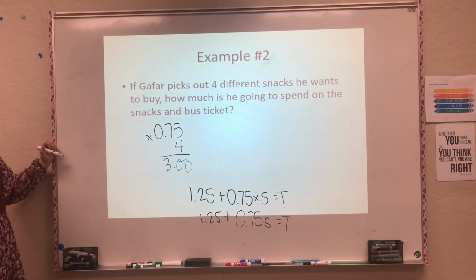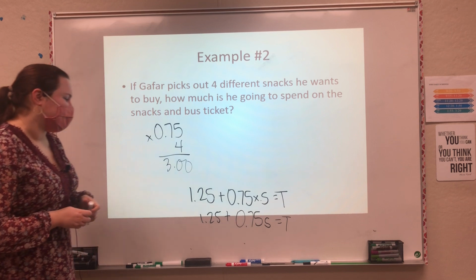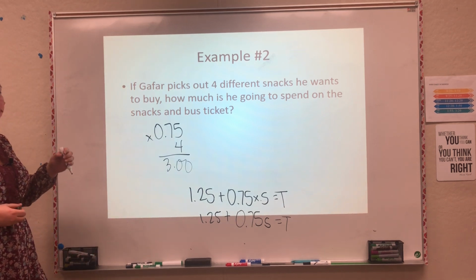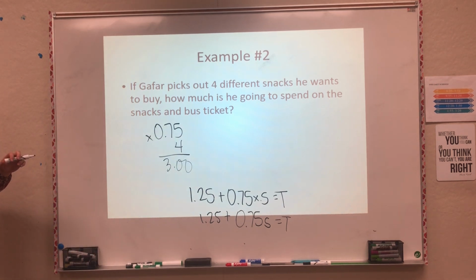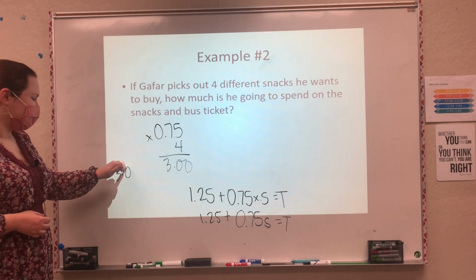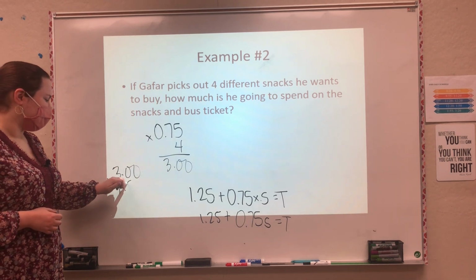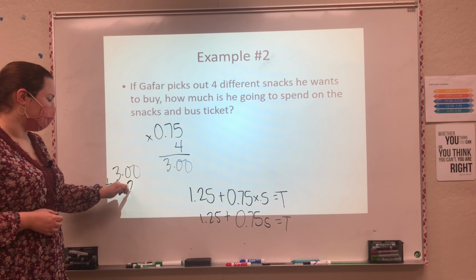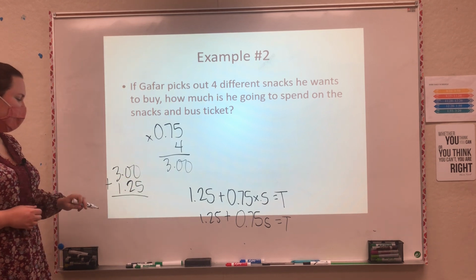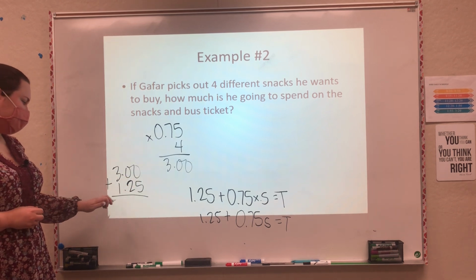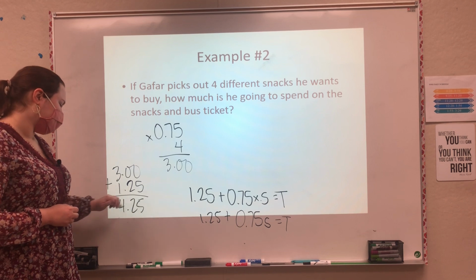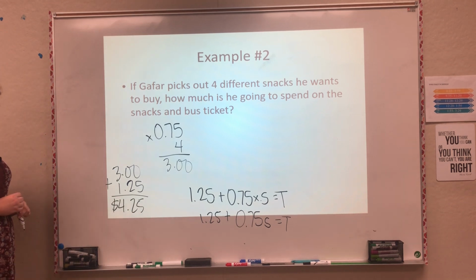So then if we double that to get up to 4, it would give us our $3. What do you want to do with those $3? Add that to the $1.25. Which leaves us with $4.25.